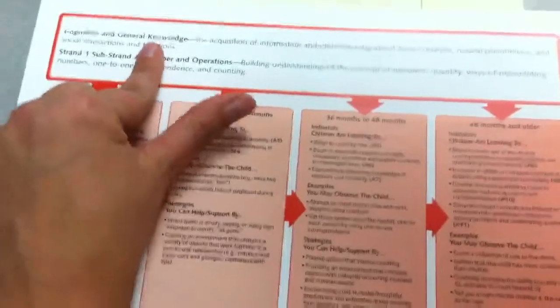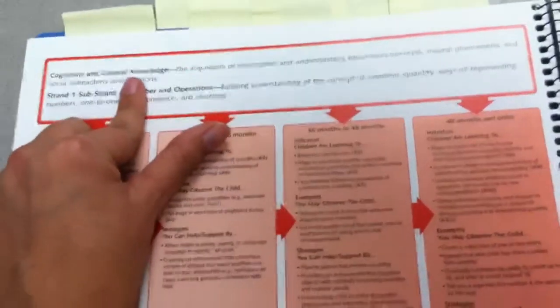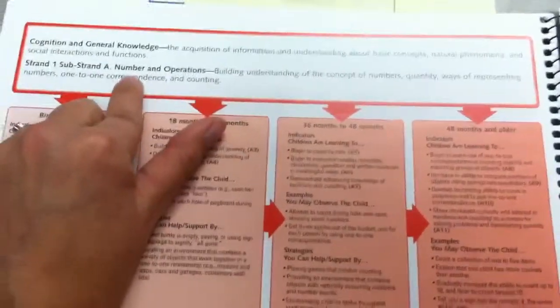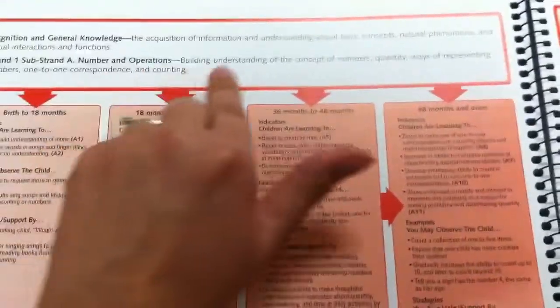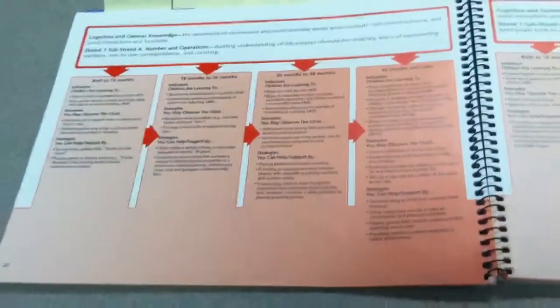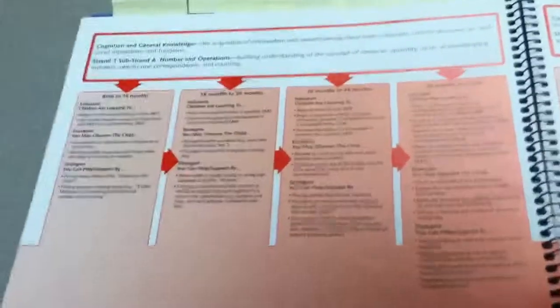There's your definition right up here. If I ask you to describe each strand, you're going to find it right here. The definition of numbers and operation is here, the definition of measurement is here. You'll see it looks different than the overview page. The reason is we break it down by ages now.